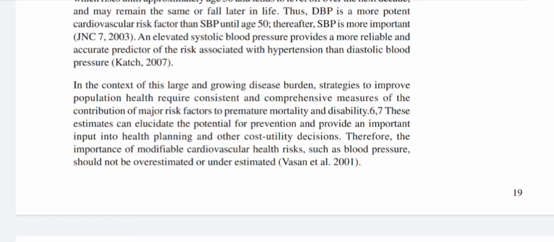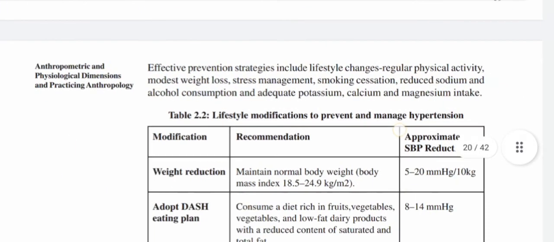These estimates can elucidate the potential for prevention and provide an important input into health planning and other cost utility decisions. Therefore, the importance of modifiable cardiovascular health risks such as blood pressure should not be overestimated or underestimated (Vasan et al. 2001).